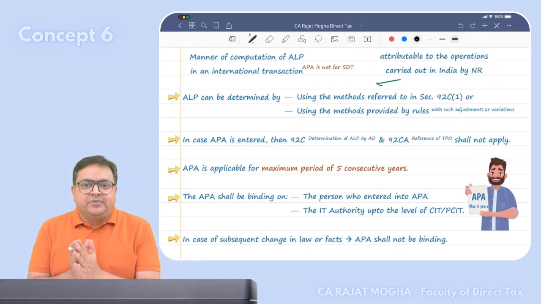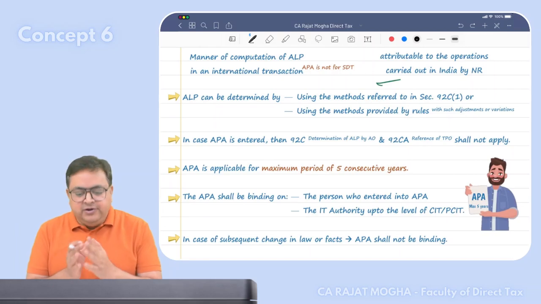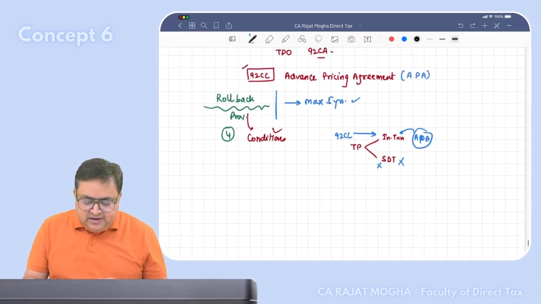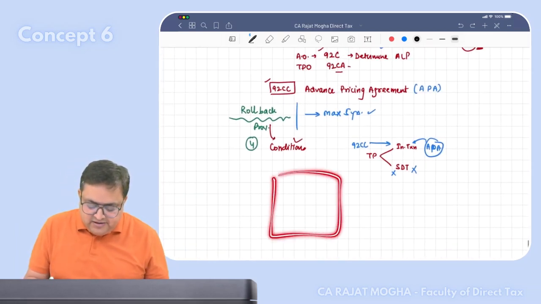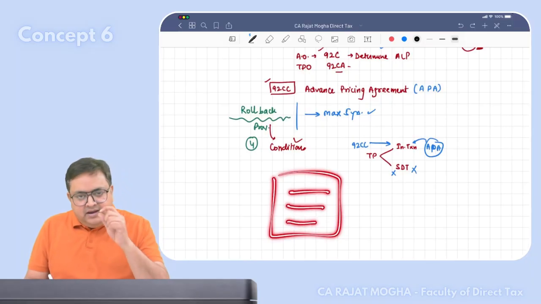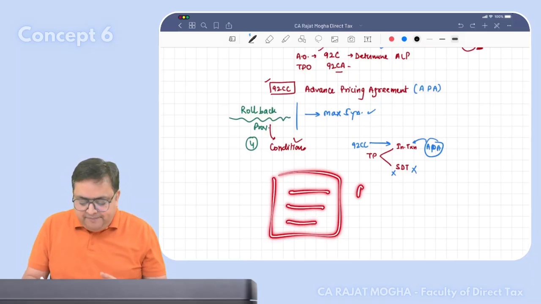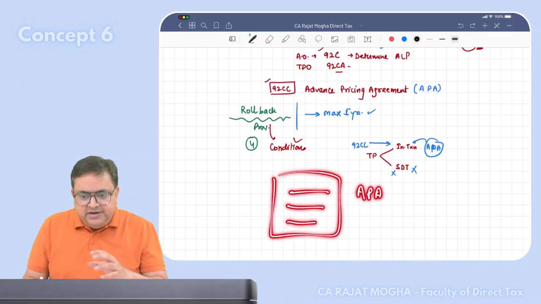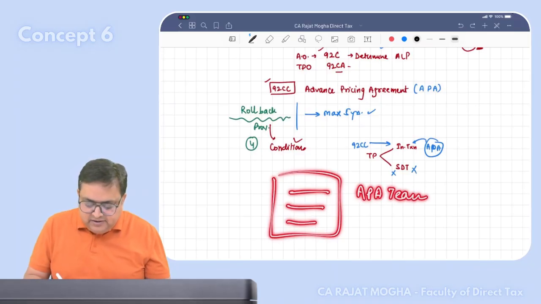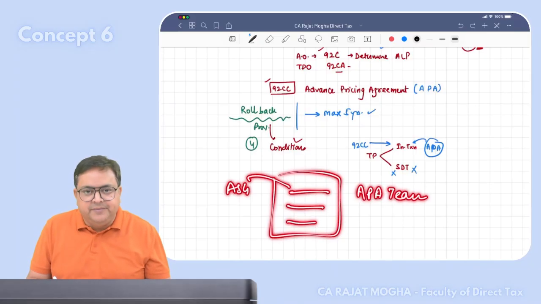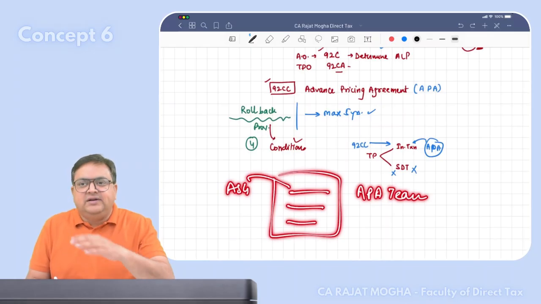But please tell me, let's say you have entered into an APA. It's a very logical thing. For example, the APA team is a CBDT team, and the assessee has entered into an APA, because the assessee has shown the types of transactions which it is entering.